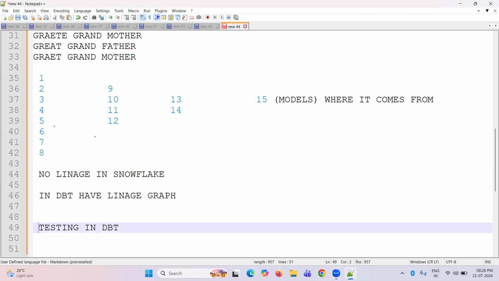So Snowflake does not enforce all constraints like primary key and other keys, right? That's why even if we insert the same data again, it is going to accept and load it.